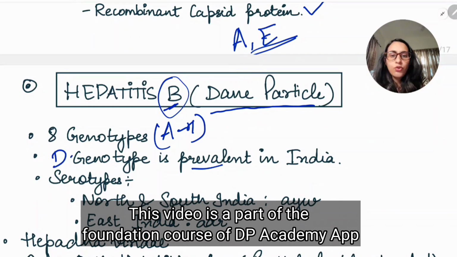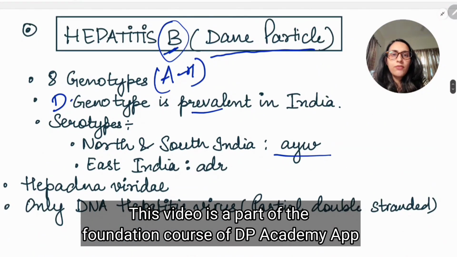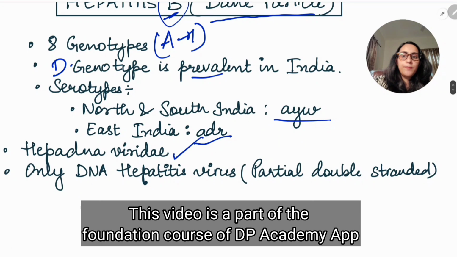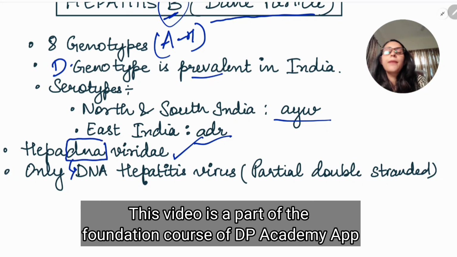For serotypes, in North and South India we have serotype AYW, and in East India we have ADR. It belongs to the Hepadnaviridae family. It has the DNA word in it, so it is the only DNA hepatitis, but the DNA is partial double-stranded.